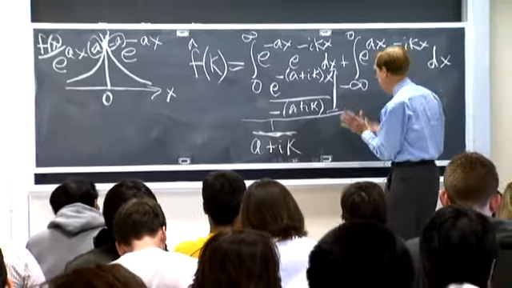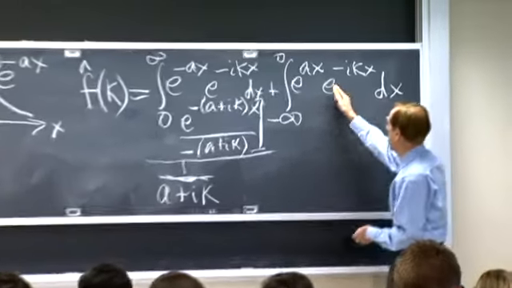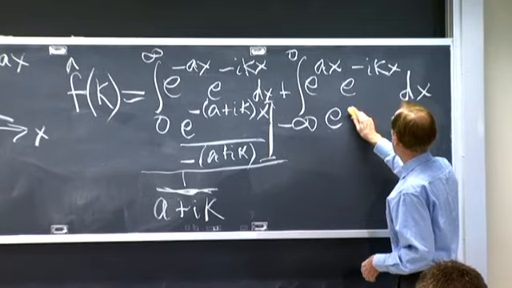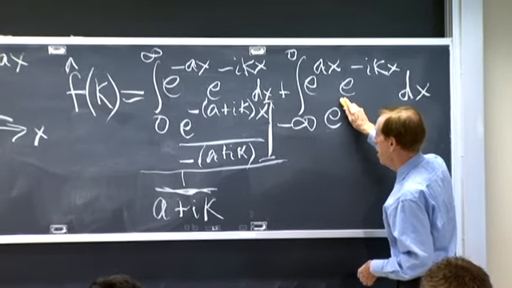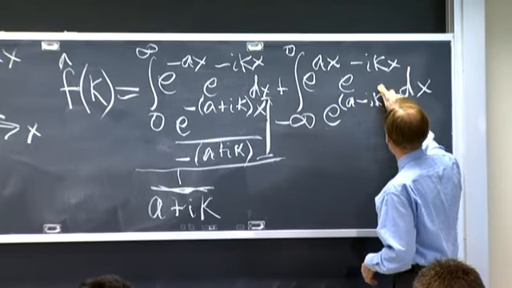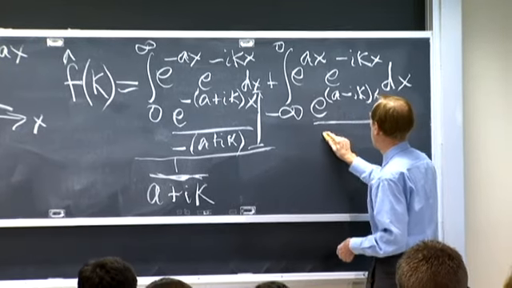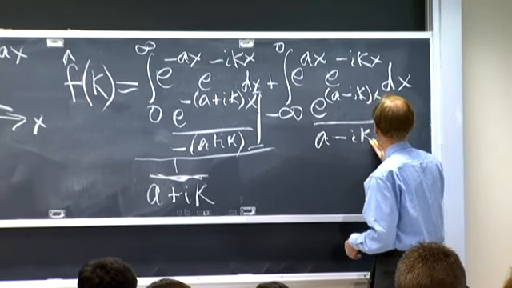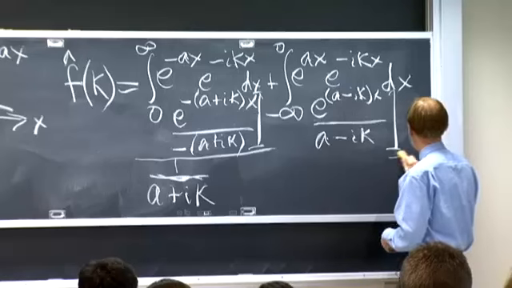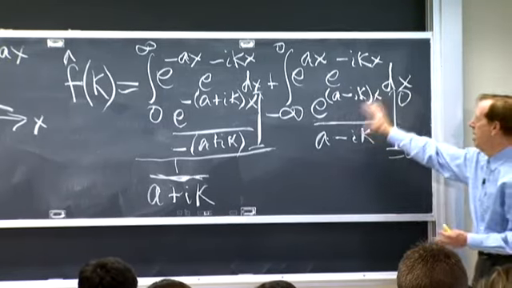And you can easily see that happen because this part is just e to the a minus ikx, which I'm going to integrate to get this thing over a minus ik. And I'm going to plug in the limits minus infinity and 0. At minus infinity, I'll get nothing.